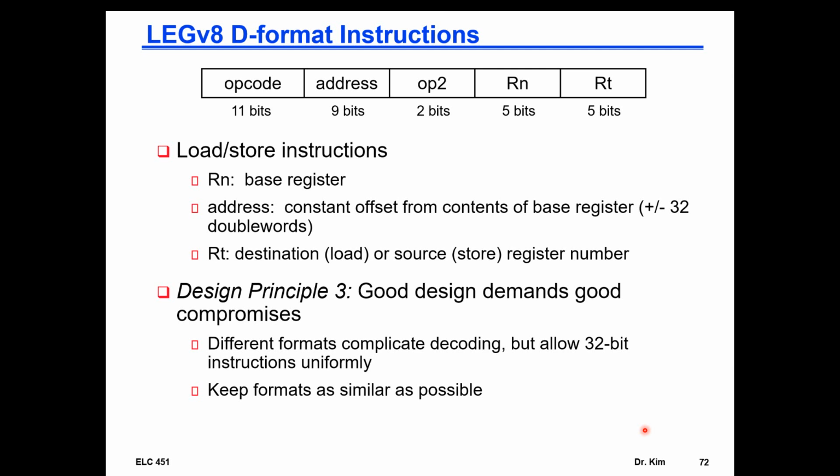Now let's look at the D format, which is what is used for the loads and stores. So we have the base register, RN. We have the address and the destination, or the source if we are talking about a store. It's the destination for the load, and a source for the store.